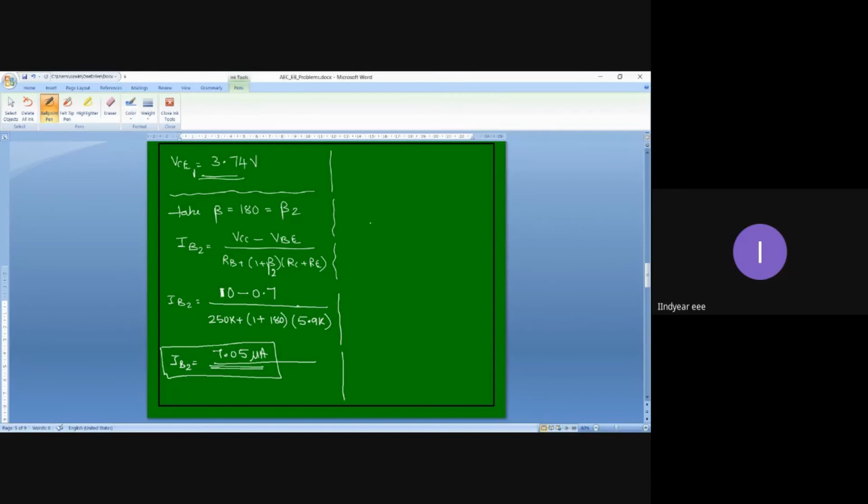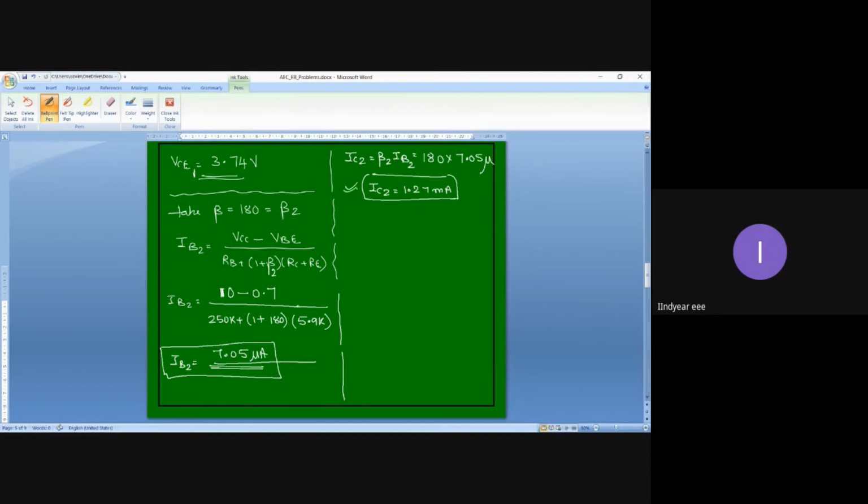Once IB2 is found, you can find out IC2, that is beta 2 times IB2. That is 180 times 7.05 micro. So that becomes 1.27 milliamperes.